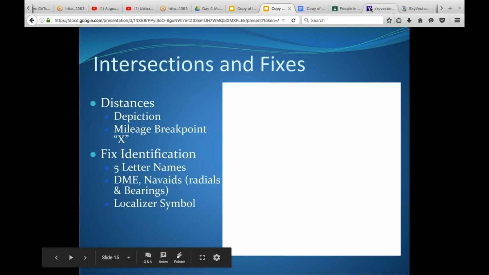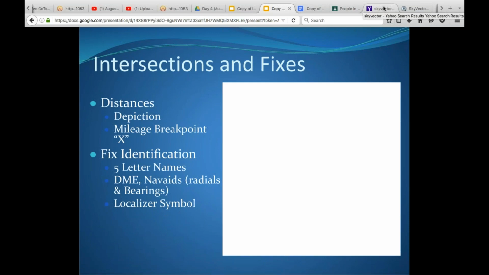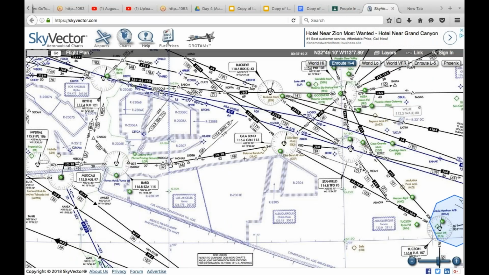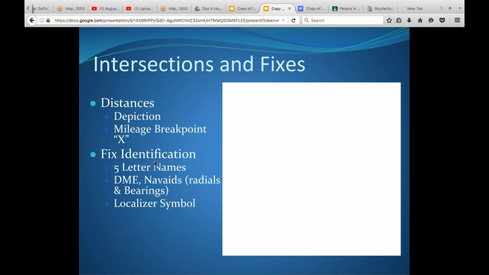Localizer symbol, 5-letter names. Let's see, so what was it? Distances and fixes.